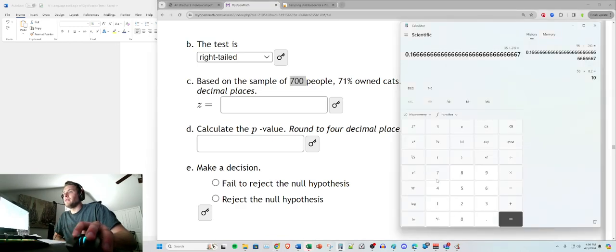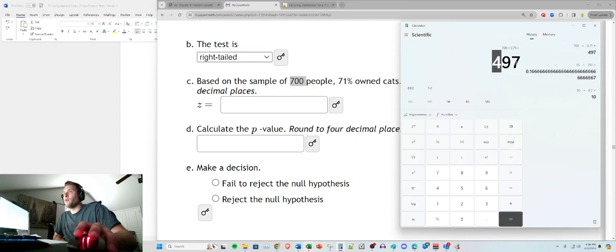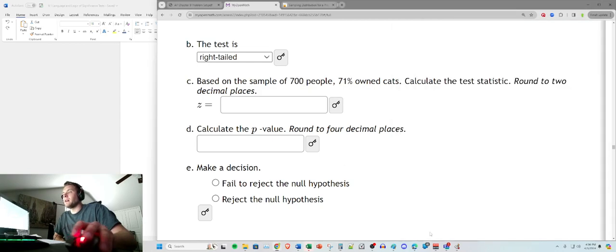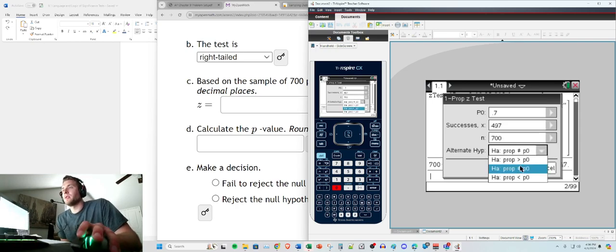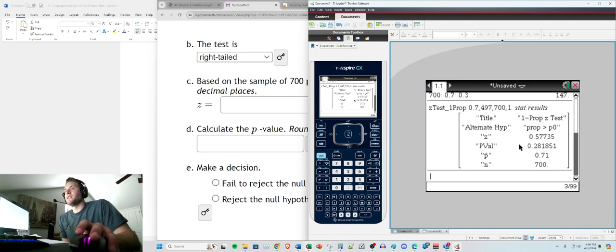So 700 times 0.71, that's 497. So 497 is the number of successes out of the 700. Then of course we want this to be a greater than. We hit OK.